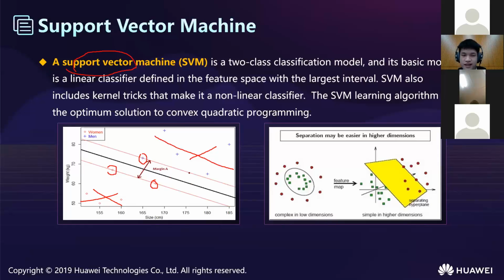That is why, if the data set is not so big, the SVM can also perform well, because it only cares about the support vectors. But in this example, the SVM is only a linear classification model, right?